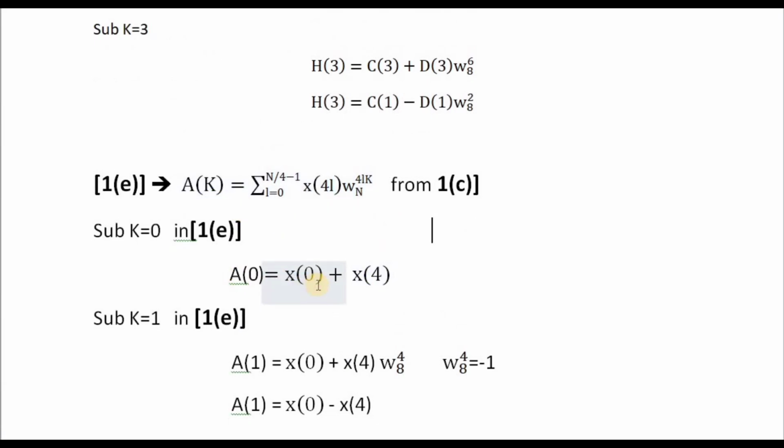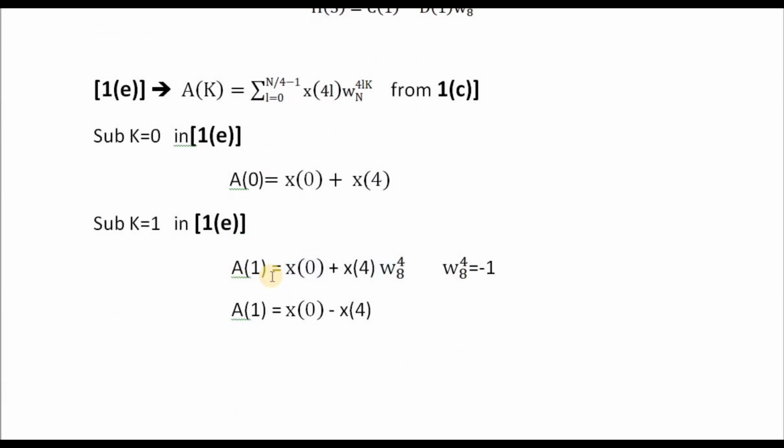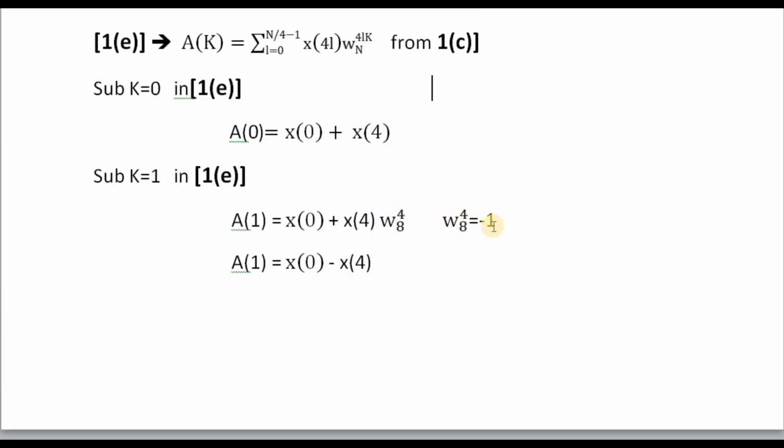If I substitute a of 1, it becomes x of 0 plus x of 4 W8 of 1. Okay. So what is W8 of 4? W8 of 4 is minus 1. So we will get a of 1 is equal to x of 0 minus x of 4.